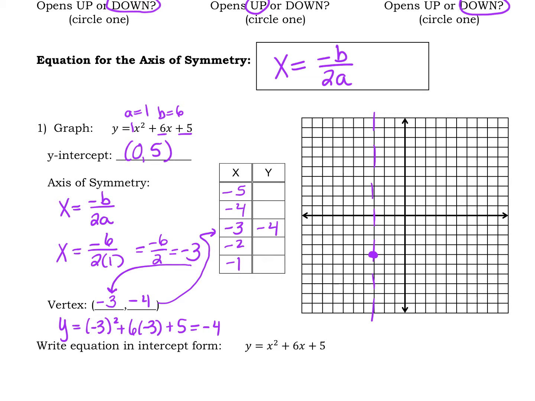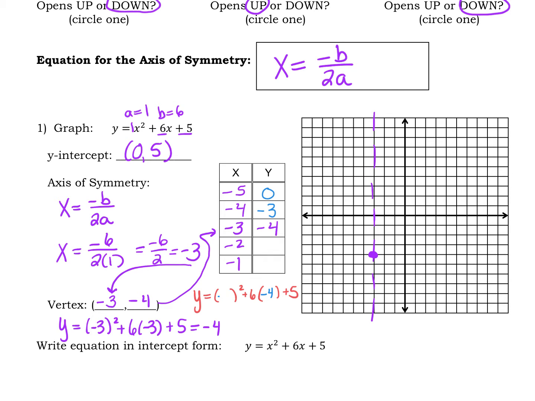Now I need to take each of these numbers and plug them into my equation for the x to find the y. So first I'm going to plug in negative 5. And when I do that, I'll get 0. Then I'm going to plug in negative 4, and I'm going to get negative 3.